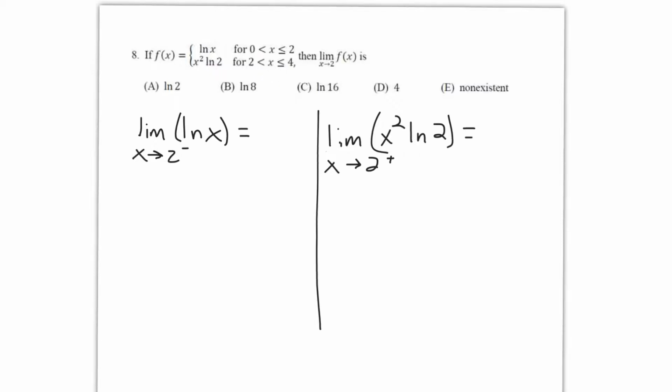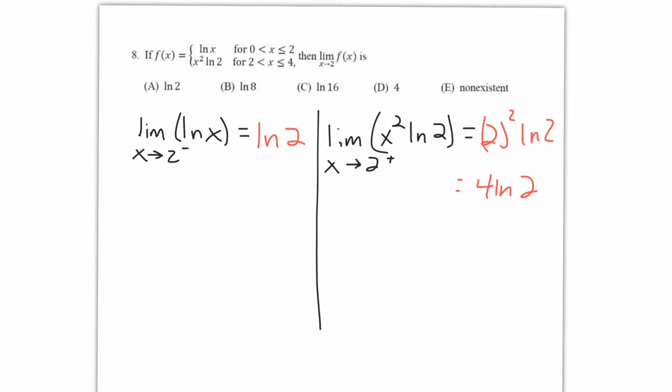Once you've established that, this problem is pretty simple because you can use direct substitution. So this first function is going to be natural log of 2. The second function, if you put 2 in for x, you're going to get 2 squared times natural log of 2, which is 4 natural log of 2. Are those answers the same?